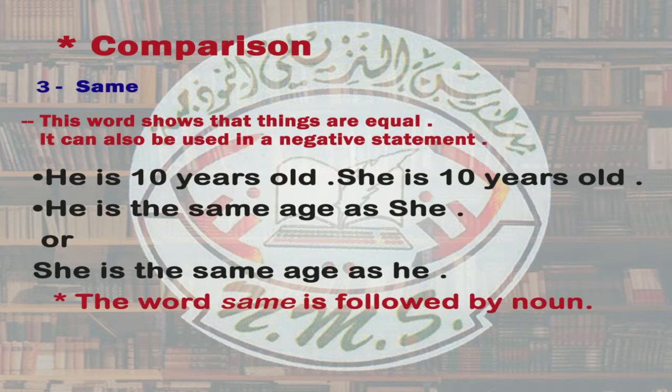Example number 2, he is 10 years old. She is 10 years old. So we say, he is the same age as she, or she is the same age as him. We can also use same in negative statements when two things aren't equal.